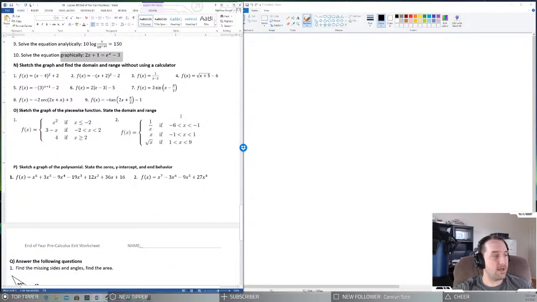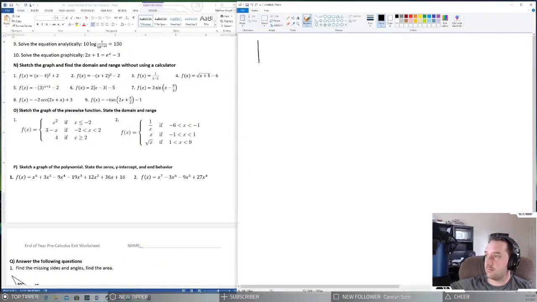Okay, let's look at part N. It says sketch the graph, find the domain and range. The majority of these, 1 through 6, are just the parent graphs, and so we have to remember what the shape looks like. For example, on number 3, I have 1 over x minus 2.